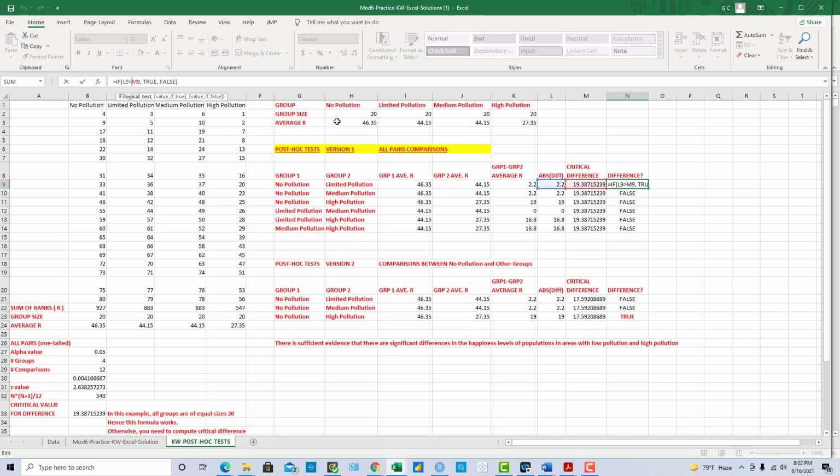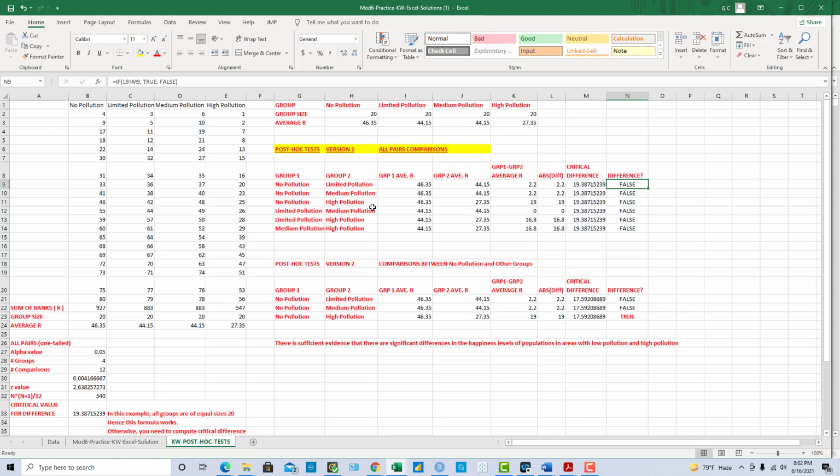So if L9 is greater than M9, which in this case is not, then it would have been true, but in this case we have 2.2, 2.2, 19, 0, 16.8, 16.8. So all these differences are turning out to be false. So what we are saying is that when we compare these groups, none of them have statistically significant differences.